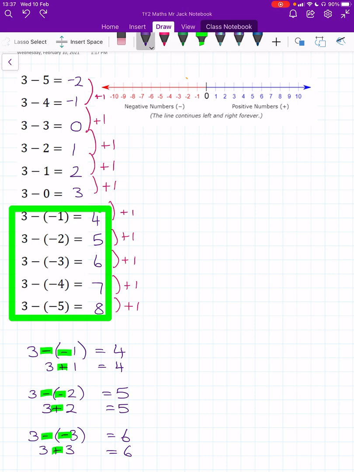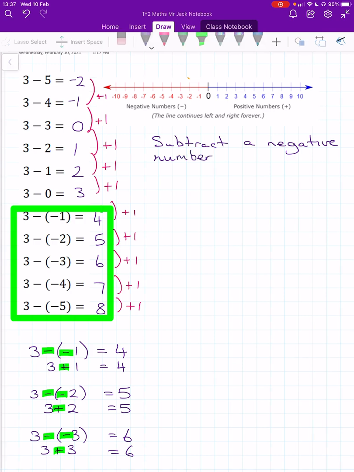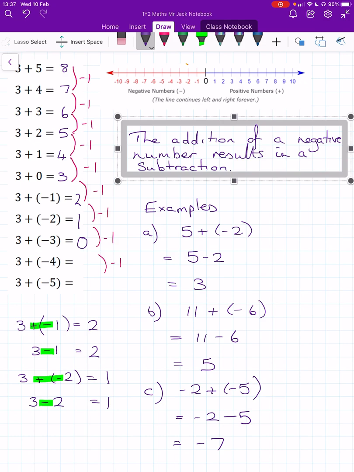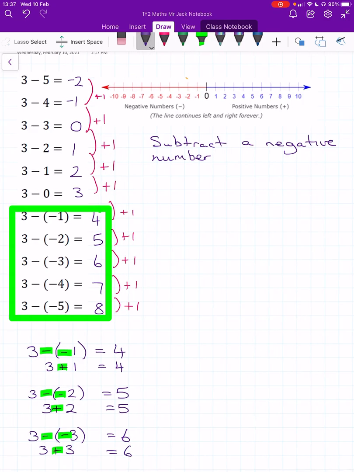So what we're saying here is that when we subtract a negative number, the result is an addition.